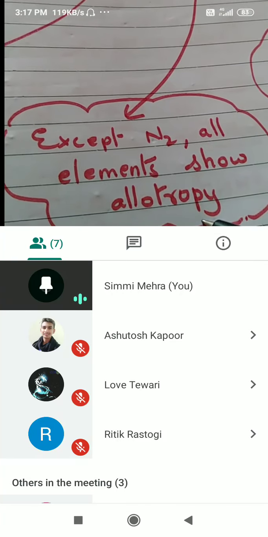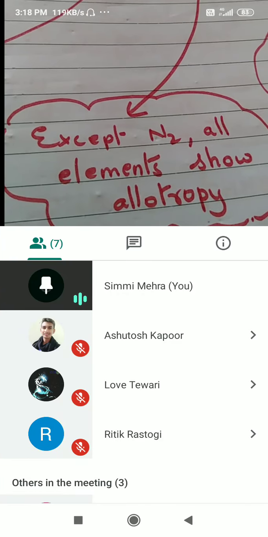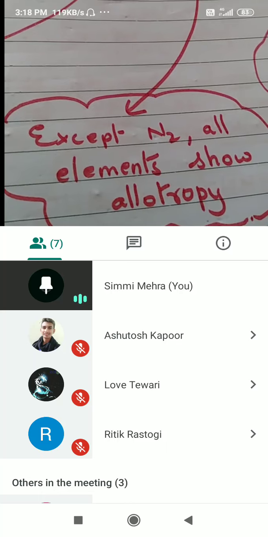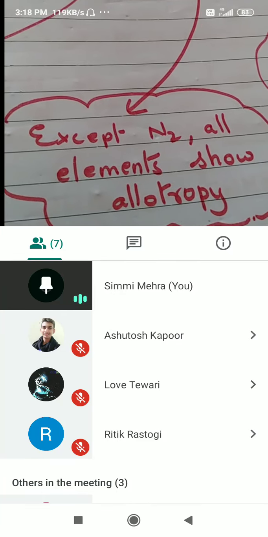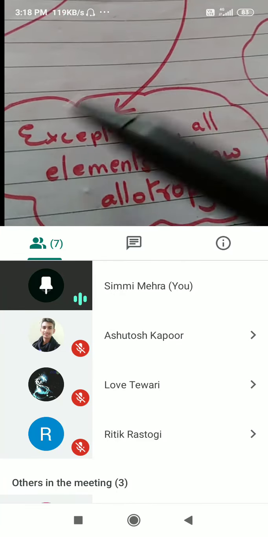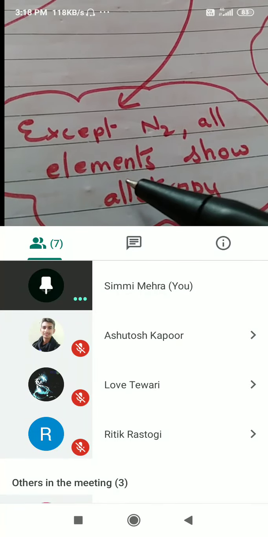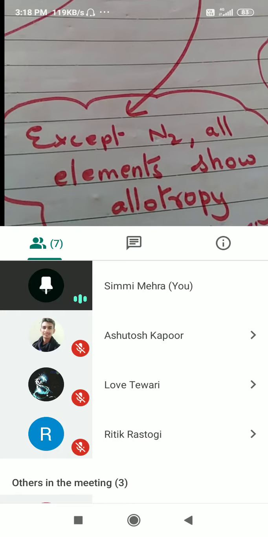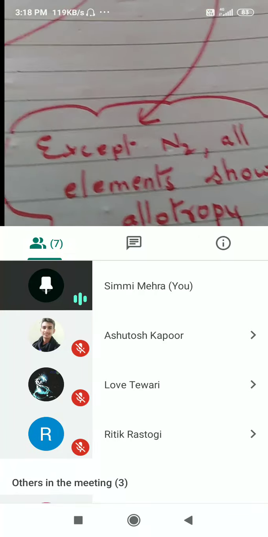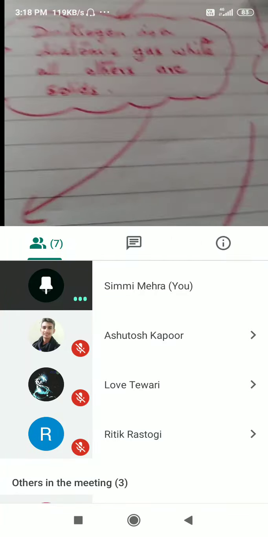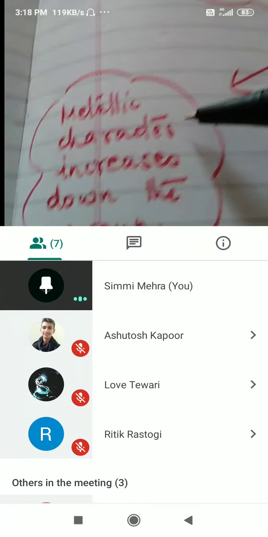For example, phosphorus exists as red phosphorus, yellow phosphorus, black phosphorus. So these are various physical forms of phosphorus. Nitrogen is a gas, so it will not show allotropy. Only solids show allotropy.